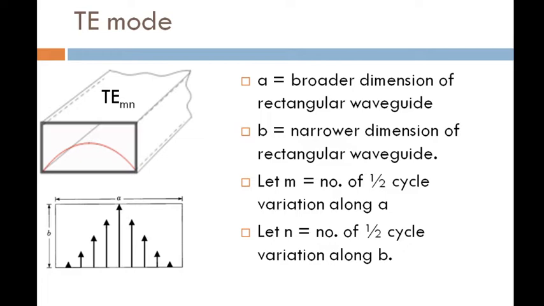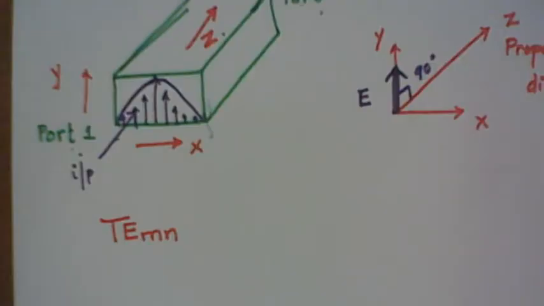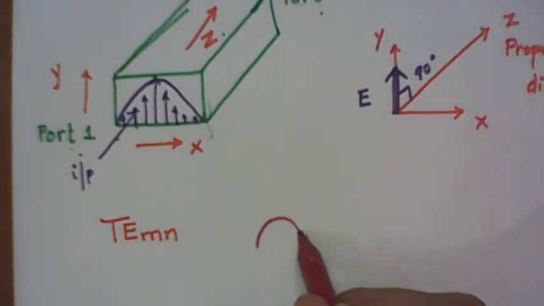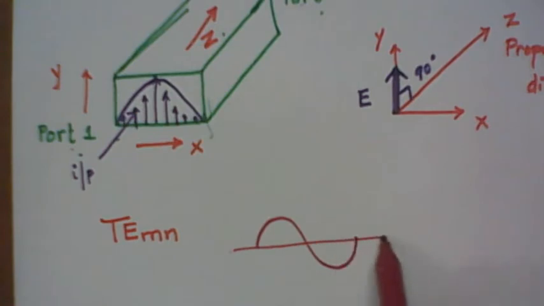Let us study that. So let me take one sinusoidal signal. In this sinusoidal signal, I am having half cycles.